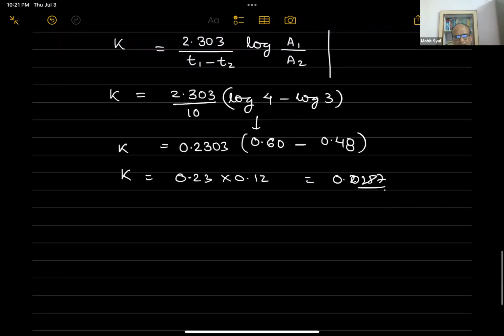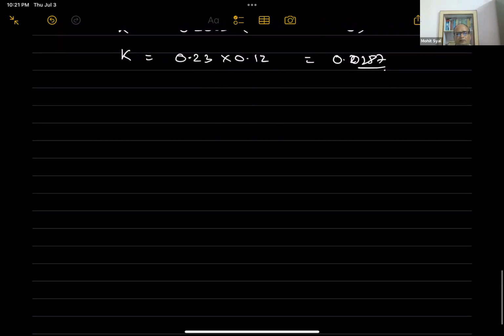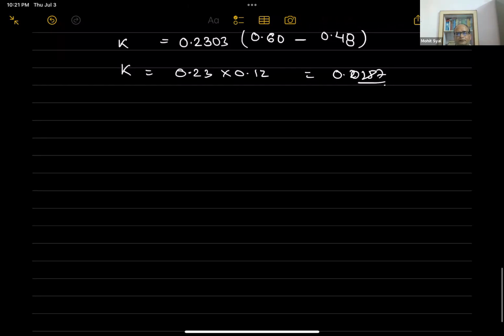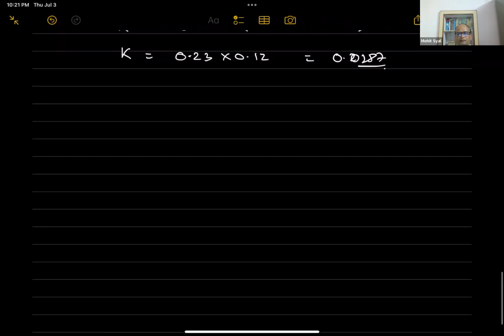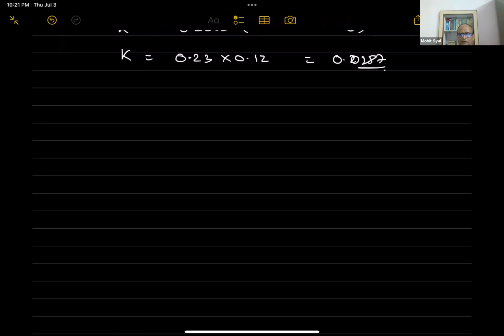Let's move to the other PYQ. This is very easy. If the initial concentration is doubled, half-life is not affected.